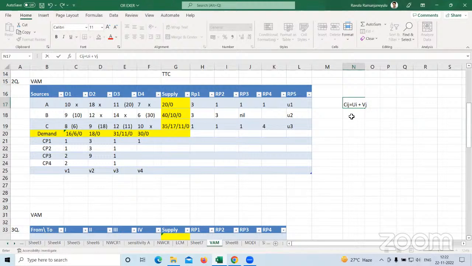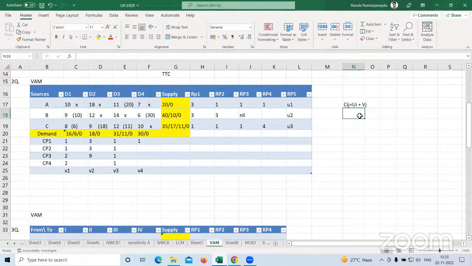So the cost Cij is verified with Ui and Vj for occupied cells. By considering only occupied cells, we check whether those units are correctly occupied based on the verification.